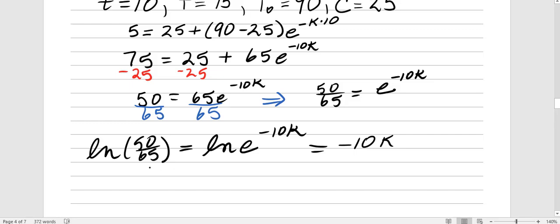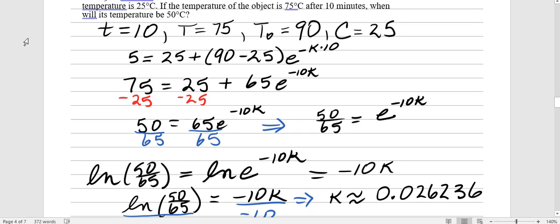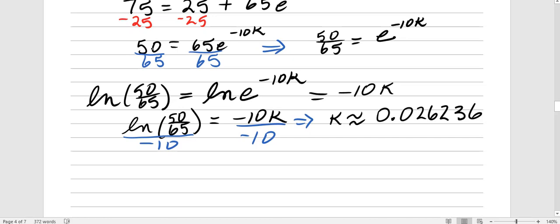And to solve for k, I'm going to divide both sides of the equation by minus 10. And that allows me to find the k and approximate it. So k is approximately 0.026236. And now I can answer the question, when will the temperature be 50 degrees Celsius?